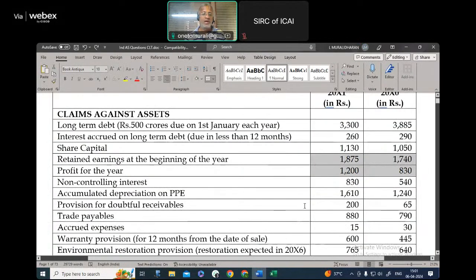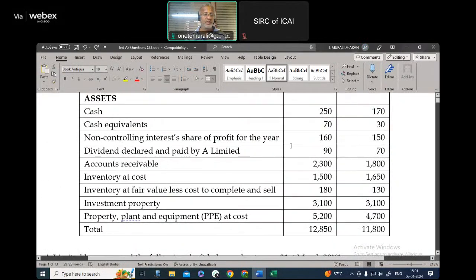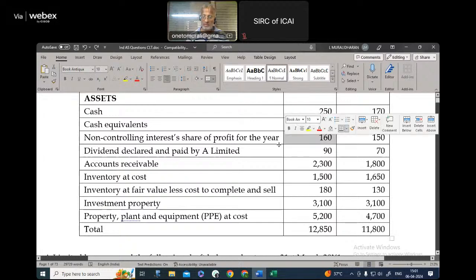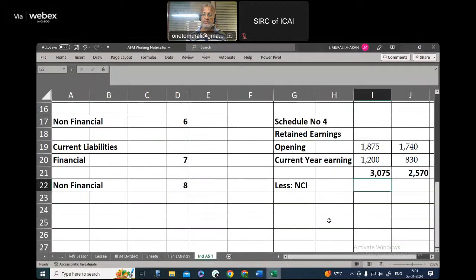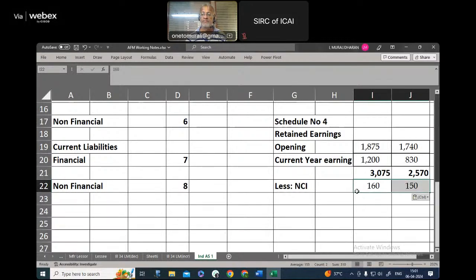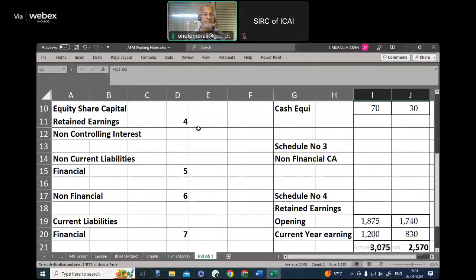Non-controlling interest we have on the other side. So these two numbers, we will fix it up here.